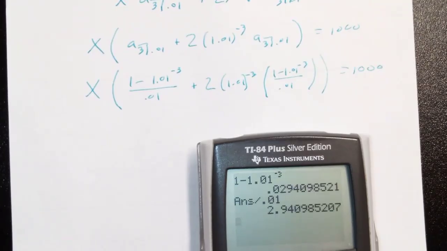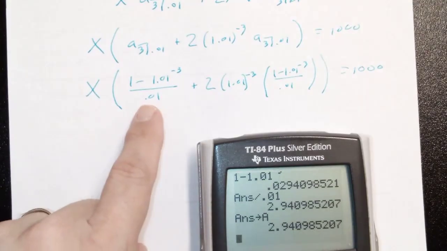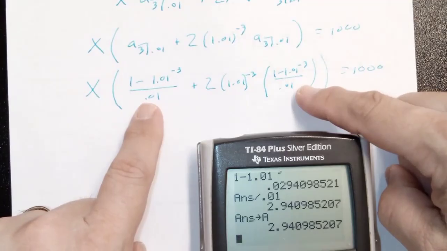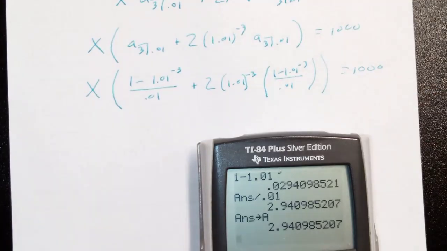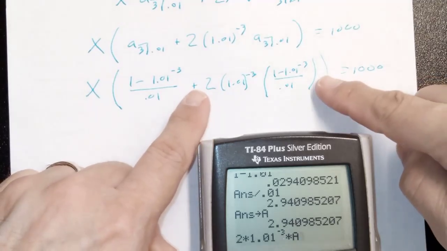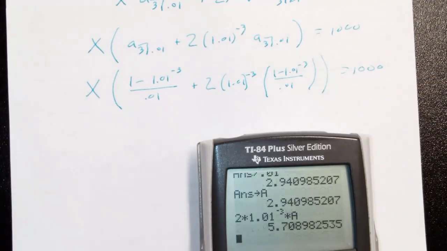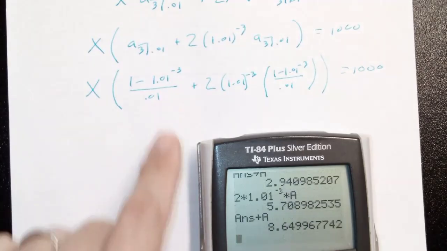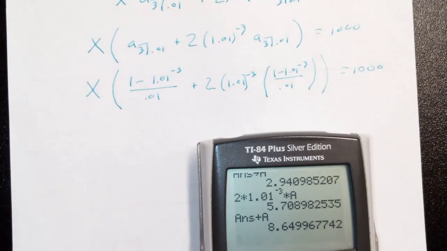I'm going to store this number. Store that under A. That way I have it. So that goes here and here. 2 times 1.01 to the negative third times A. That's this whole expression here. Add another A to it. That adds on this. That's the number in parentheses.